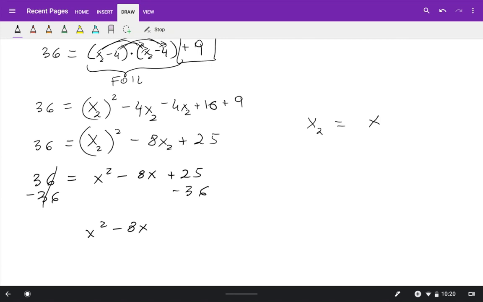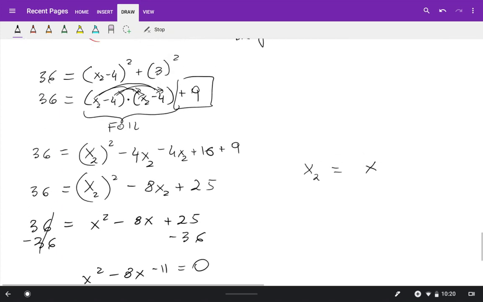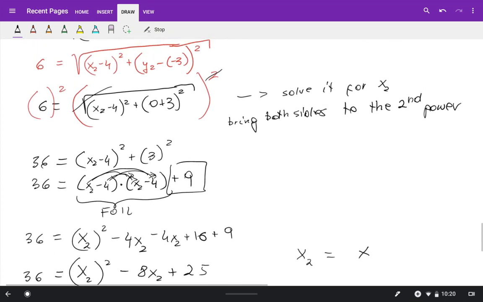I'm just checking if everything is correct. But I think it is 25 minus 36. We're getting 11, equals 0.